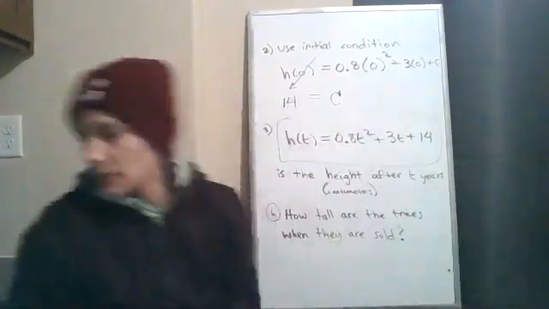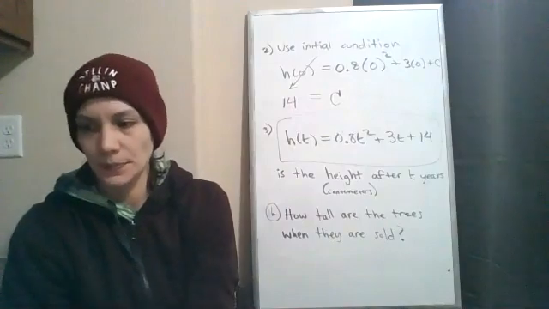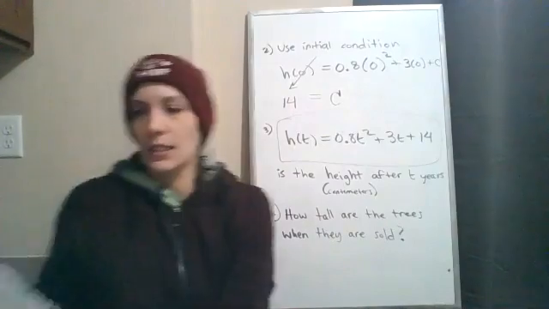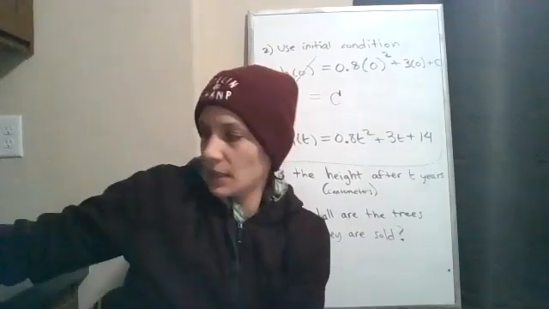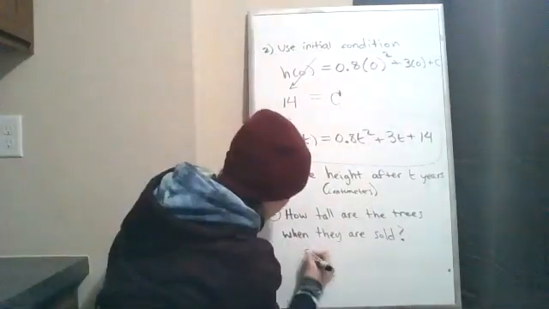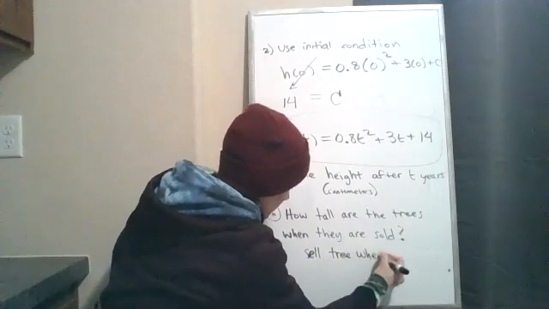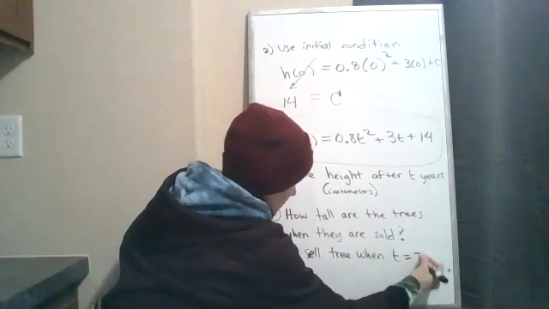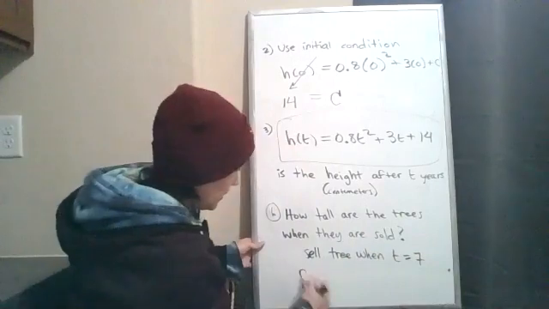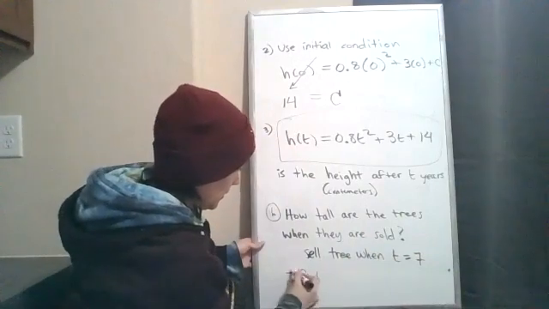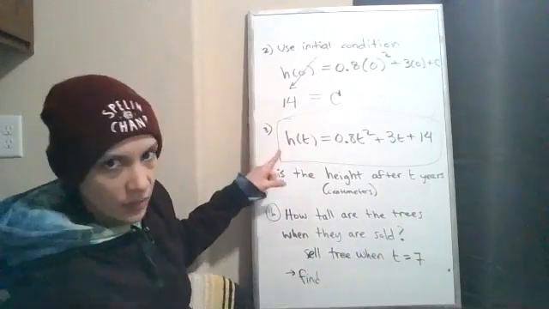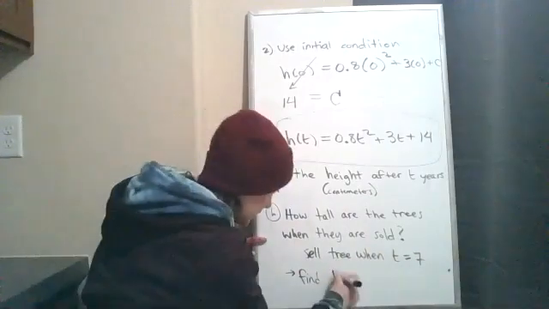I think it was 7 years. T equals 7. Okay, find h of 7. That'll give you your height at that year.